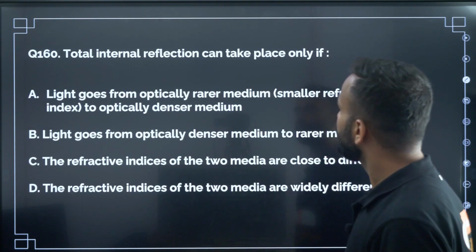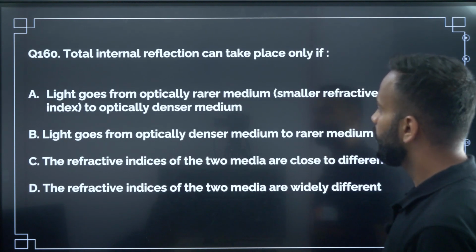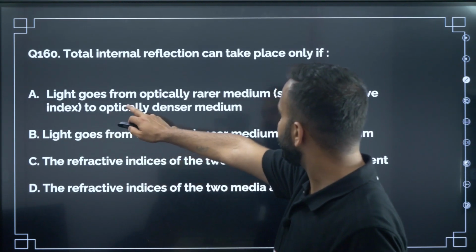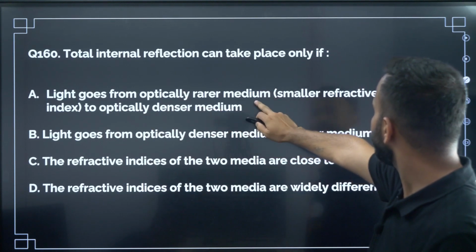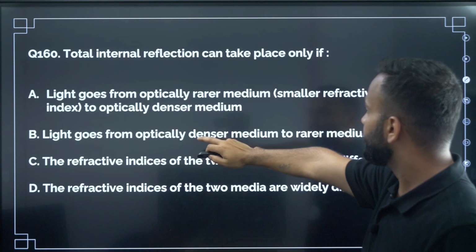Total internal reflection can take place only if: option A says light goes from optically rarer medium, smaller refractive index, to optically denser medium.